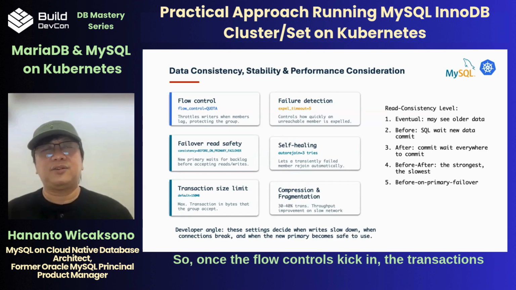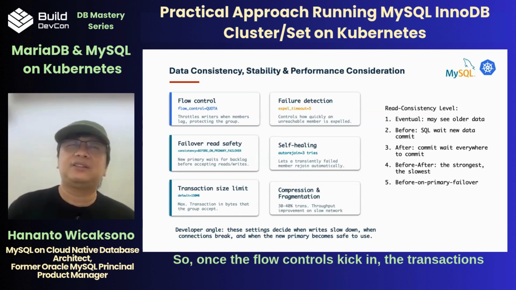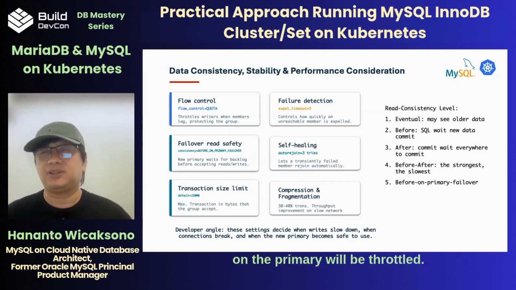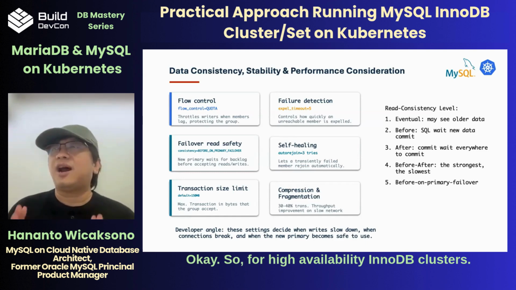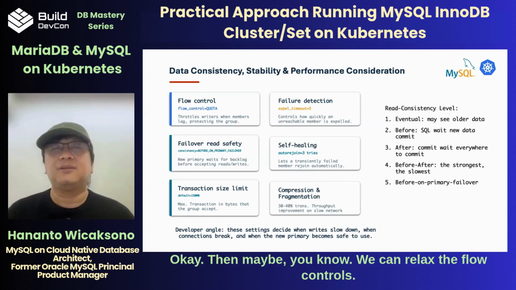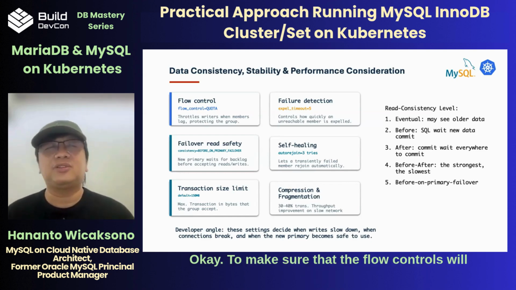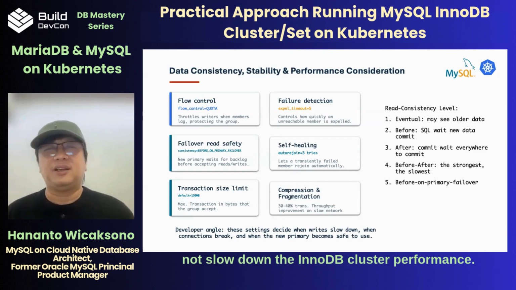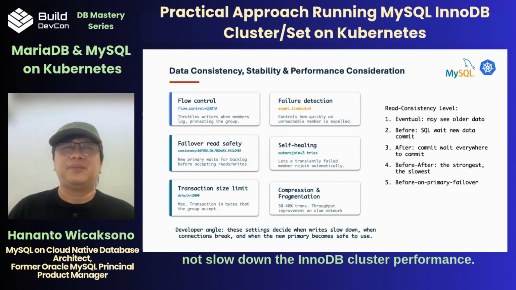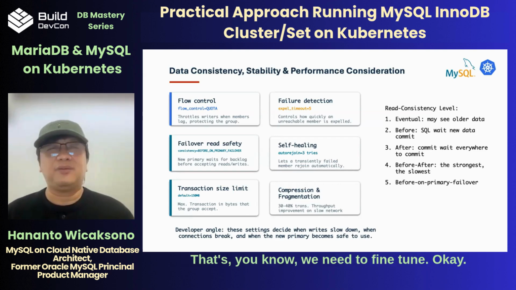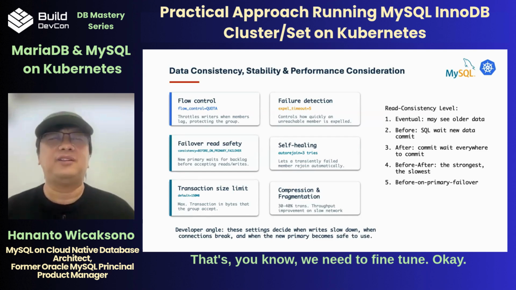Once flow control kicks in, the transactions on the primary will be throttled. So for high availability InnoDB clusters, maybe we can relax the flow control to make sure it will not slow down the InnoDB cluster performance. Best, we need to fine tune.